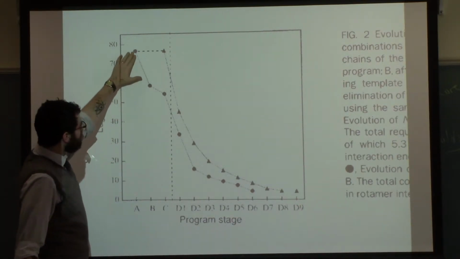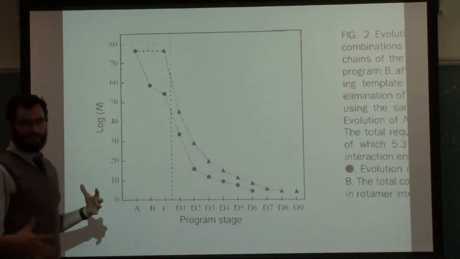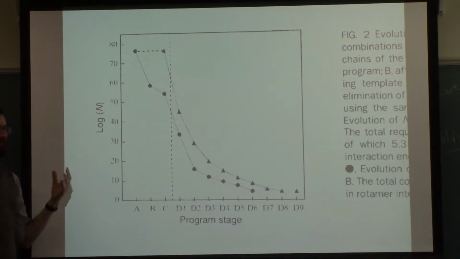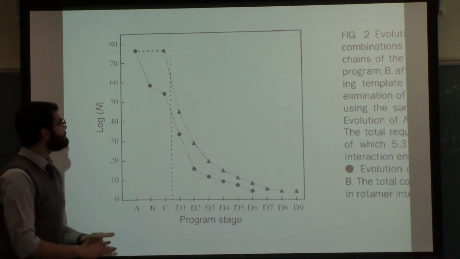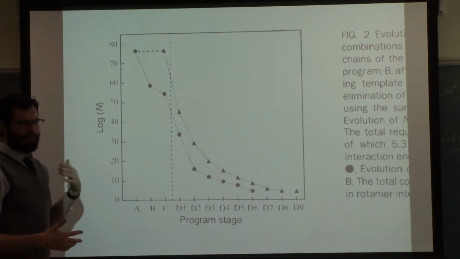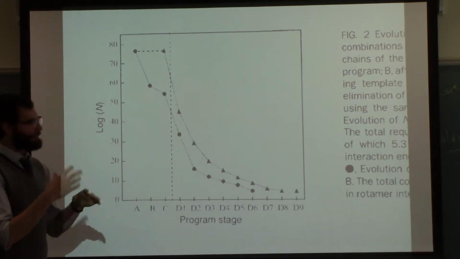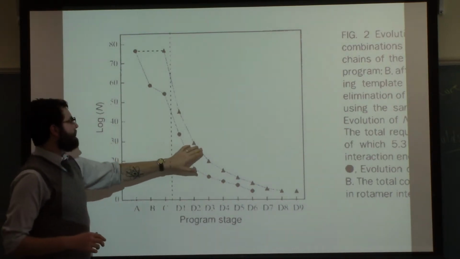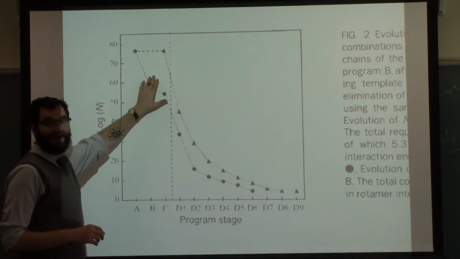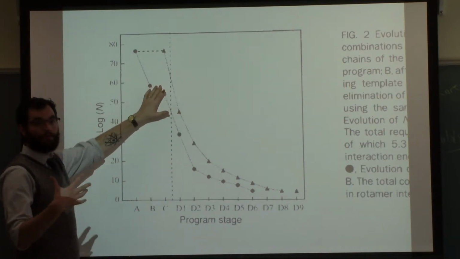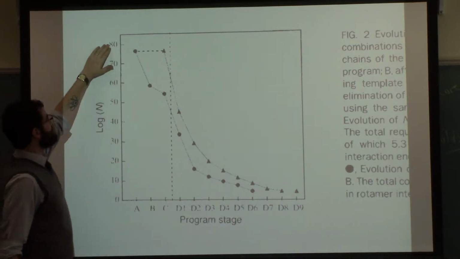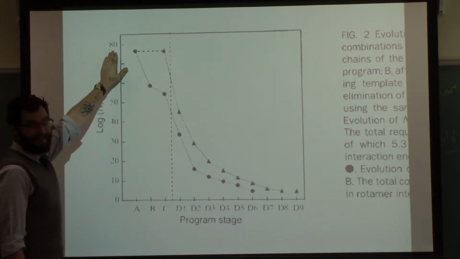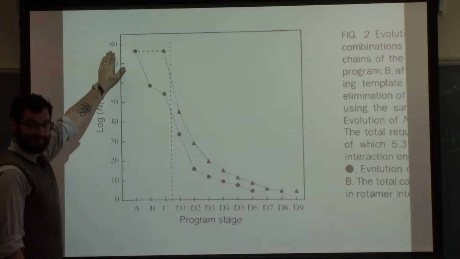The one with circles, where they alleviate clashes first, and they determine which rotamers can't go because they'll hit the backbone or something like that. And I believe they also use which pairs can't go together. And then the triangle points are where they did not remove those rotamers up front. And you can see they start off with almost 10 to the 80 rotamers they need to consider.